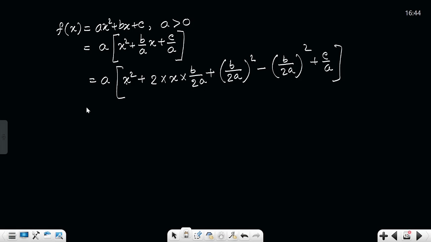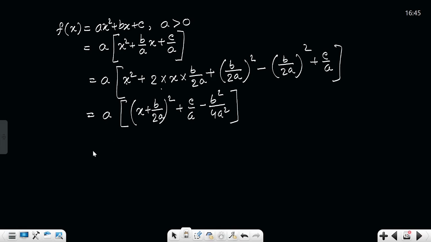Clear? Now we can write a into x square plus 2 into x into b by 2a plus b by 2a whole square, which is equal to x plus b by 2a whole square, plus c by a minus b square by 4a square. Now we can simplify it.